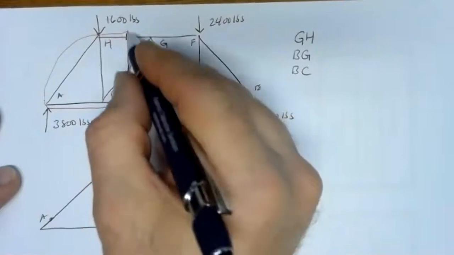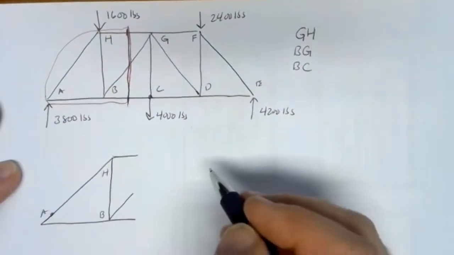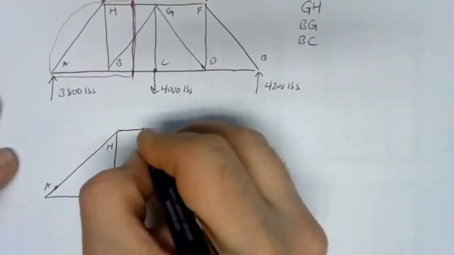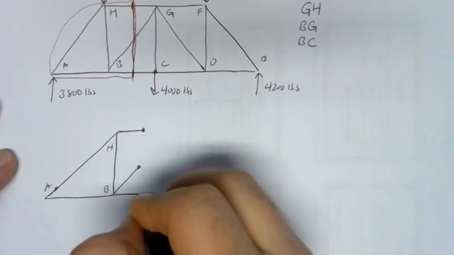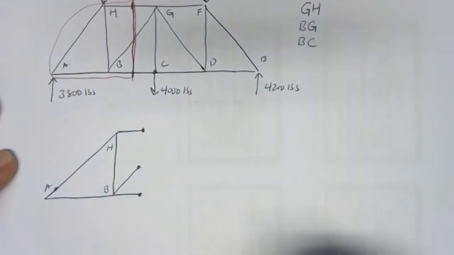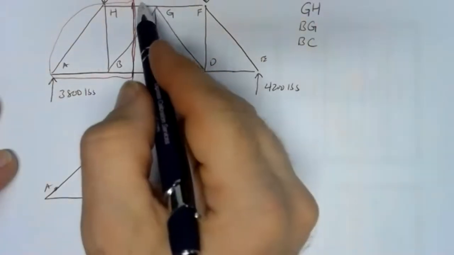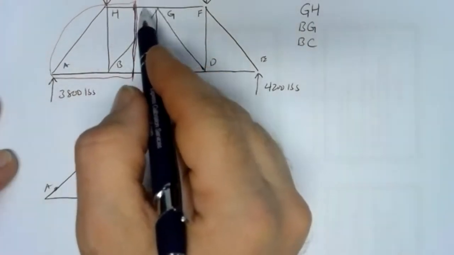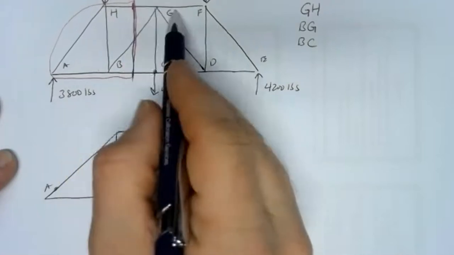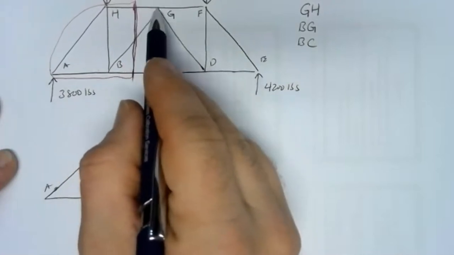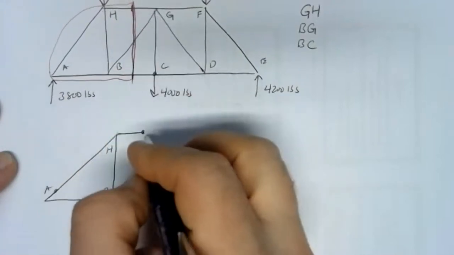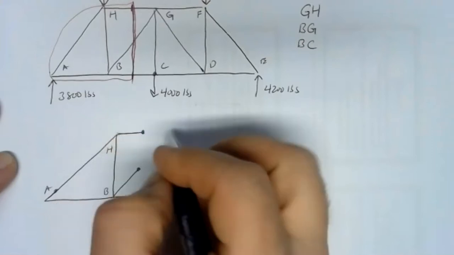That's where the system boundary cut through. At each of these points, we're exposing a force. We have to replace the piece of member GH that we're cutting away with the force that it exerts on the piece that's left behind.